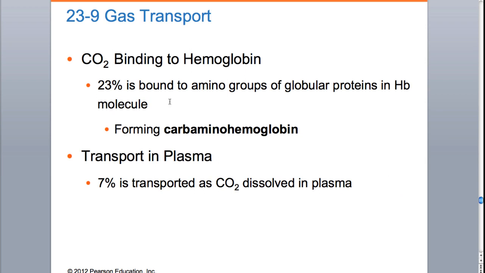Okay, a moment ago I told you carbon dioxide is bound to hemoglobin. And I told you the percentages were in the sequence, so now we have 23%. And when you have carbon dioxide stuck to hemoglobin, as I said, it's called carboaminohemoglobin. And then I told you the lower percentage was dissolved in plasma.